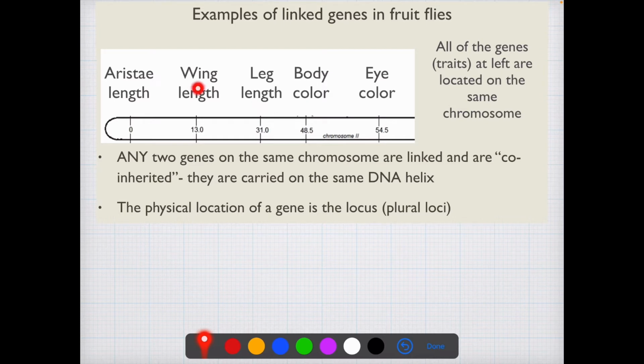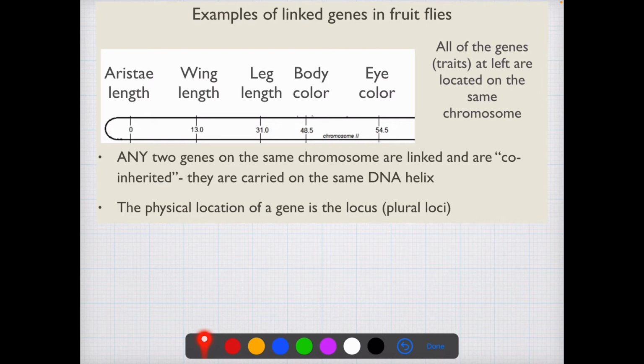So wing length and leg length, those two alleles might be inherited together oftentimes, but there's a better chance that a crossing over event or chiasma will form between wing length and body color, for example, because they're farther apart. And so you might expect that these have a lower likelihood of being co-inherited.